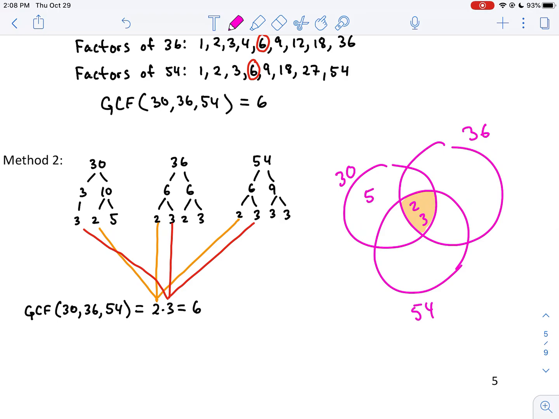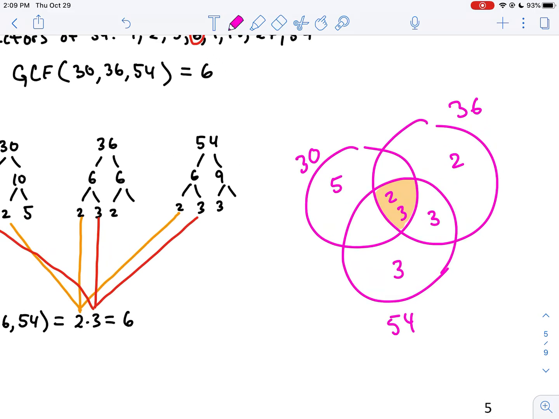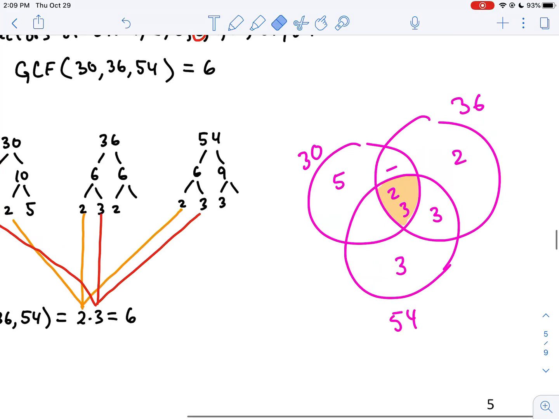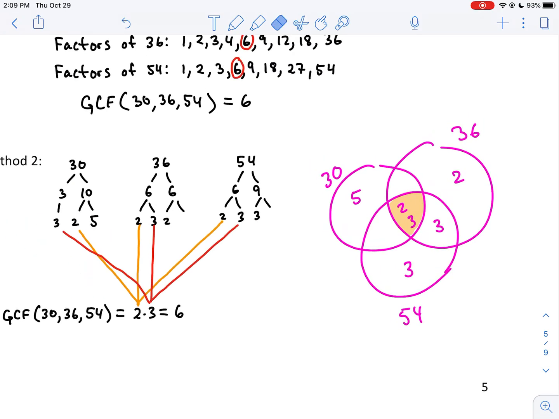That's a 5. Anything unique to the 36 that hasn't been, looking at the 2 and the 3, but there's a 3 and a 3 in the 54. So we could put one of those 3s here, and then there's an extra 3 in 54 and an extra 2 in 36. Right, and then here there's just nothing and nothing. Right, those are blank.